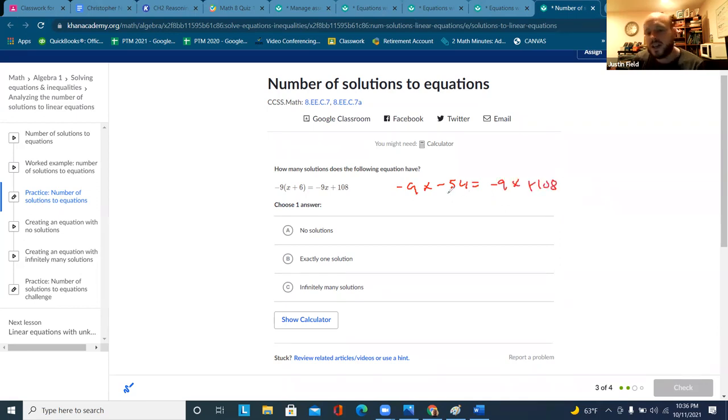So as you can see, the coefficients are the same, but this time the numbers are different. So after these things cancel out, we'd be left with -54 equals 108.